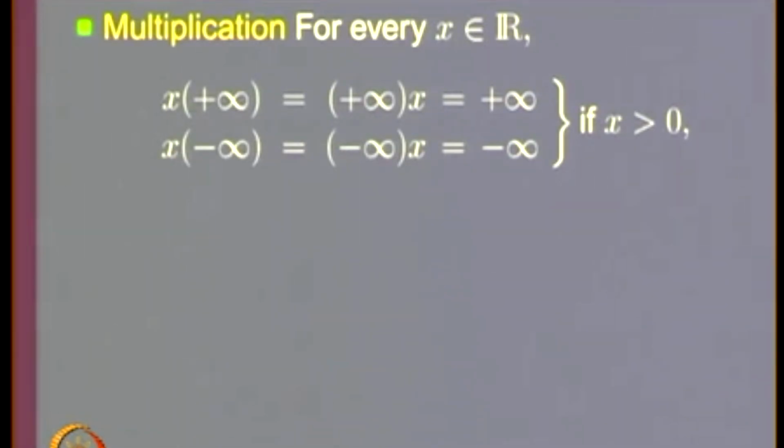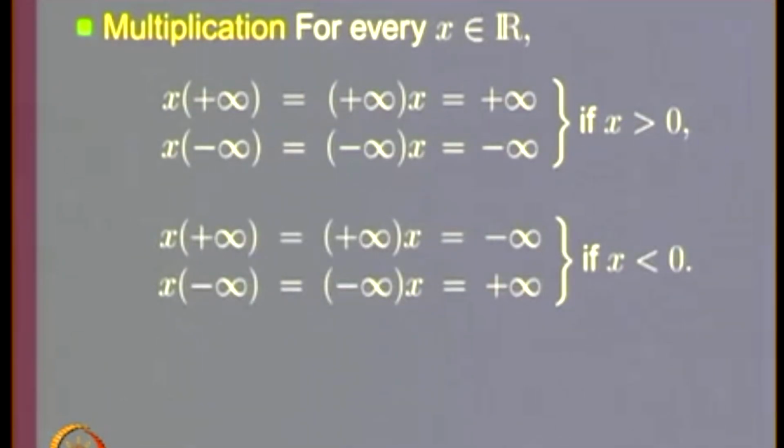Similarly, if x is negative, then x times plus infinity, or plus infinity times x, is equal to minus infinity; the sign changes. And x times minus infinity is equal to minus infinity times x, which is equal to plus infinity if x is less than 0. So depending on whether x is bigger than 0 or less than 0, the rules for multiplication are as specified. Of course, if x and y are real numbers, the multiplication of x and y is the same as that of real numbers.